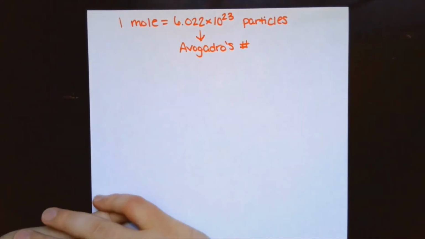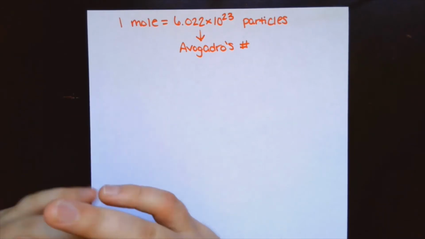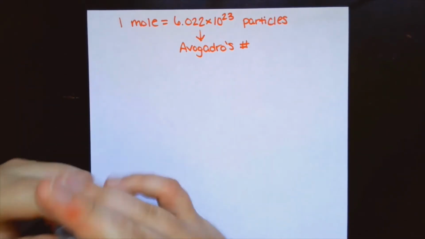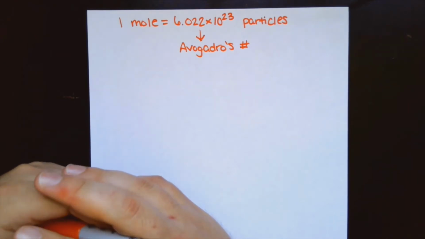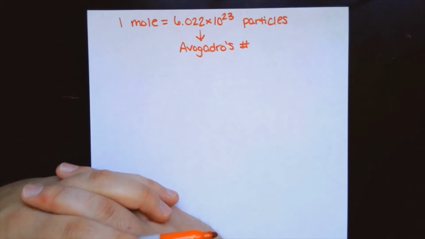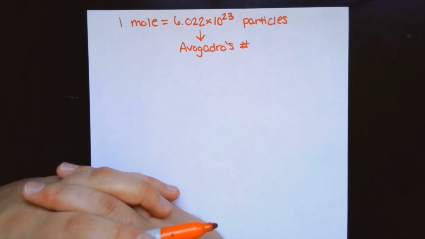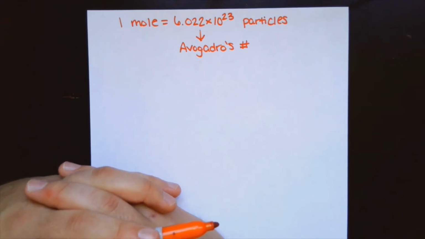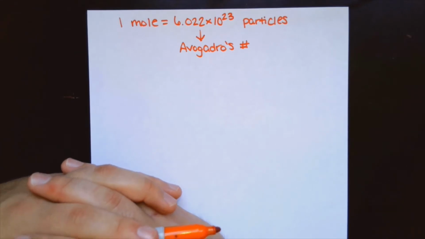So moles. The reason moles are so important is because they are the only unit that can be used to convert between different chemicals in chemical reactions when doing calculations.